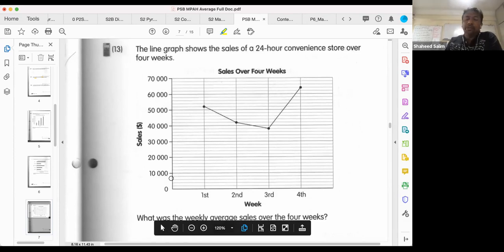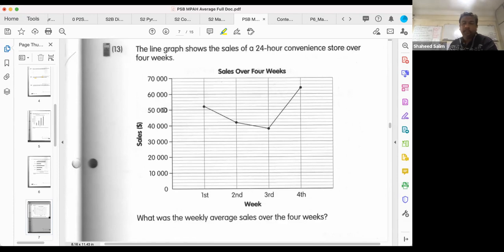Roughly about 2,000 each. Each line is 2,000. Yeah, mentally. Here we go.